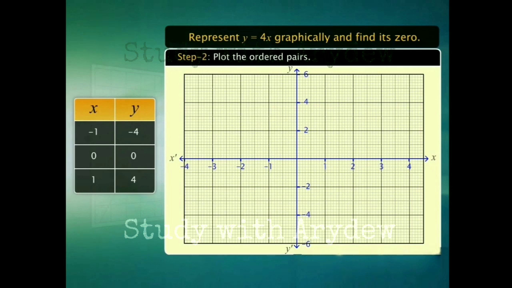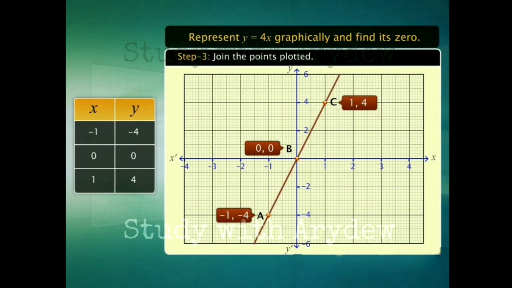Next, let's plot these ordered pairs, that is, (-1, -4), (0, 0) and (1, 4) in the plane. Now let's join these points. So we get the straight line given by y equal to 4x.